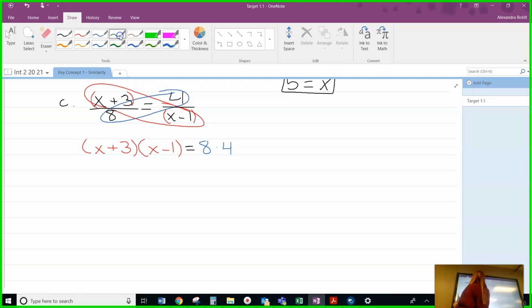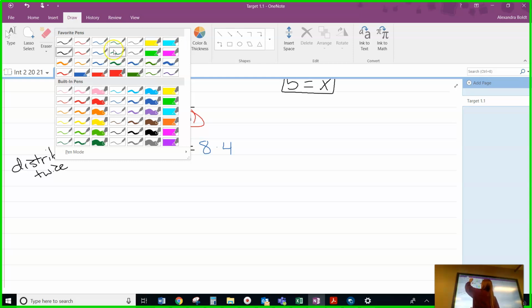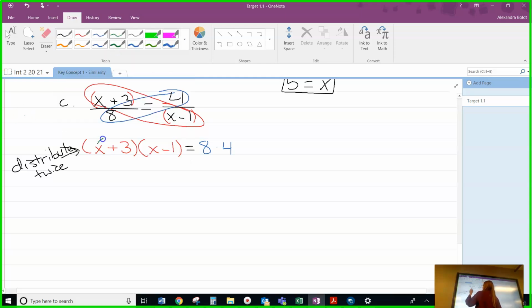Okay, we have to distribute twice in this problem. So I have to do this x times both of these things. So x times x is x squared.